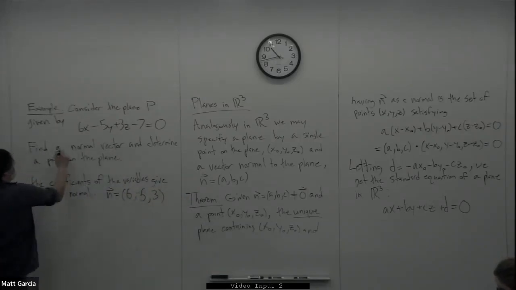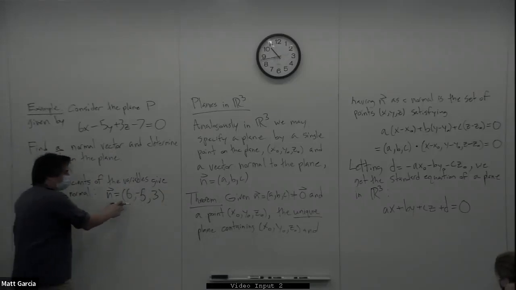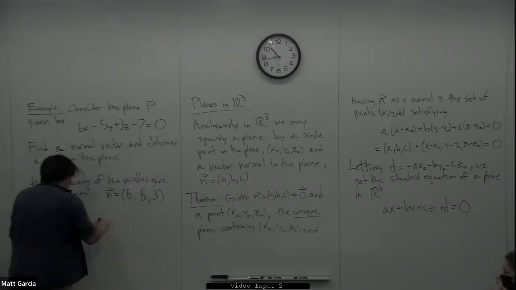Why do I keep saying find a normal? It gives you a normal. What is the meaning behind this indefinite article? How come I'm not saying the normal? What's another normal vector? Yeah, good. So you just multiply this by -1, right?